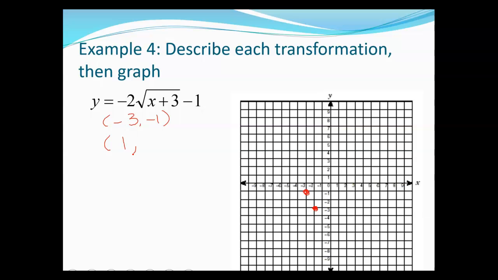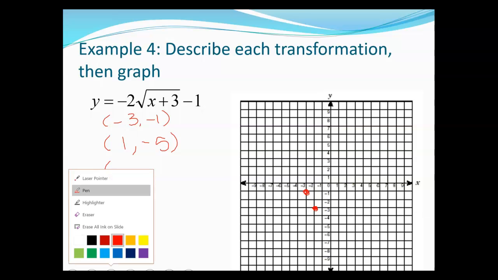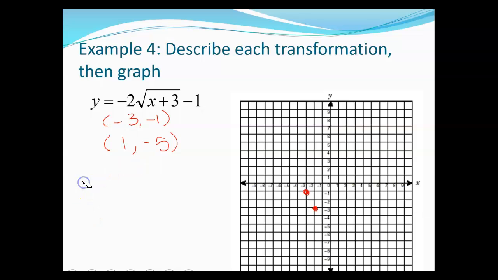Minus 1. And then let's do one more point. 9 plus 3. Well, it's going to be off my page. Never mind. Plotting this point.